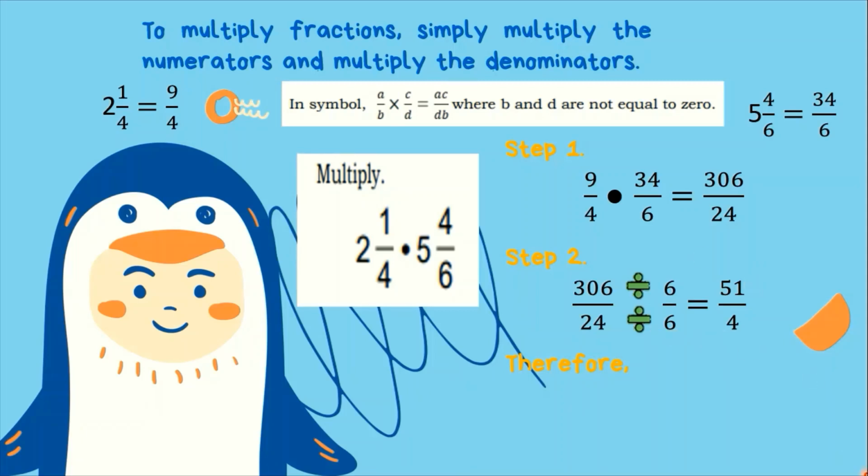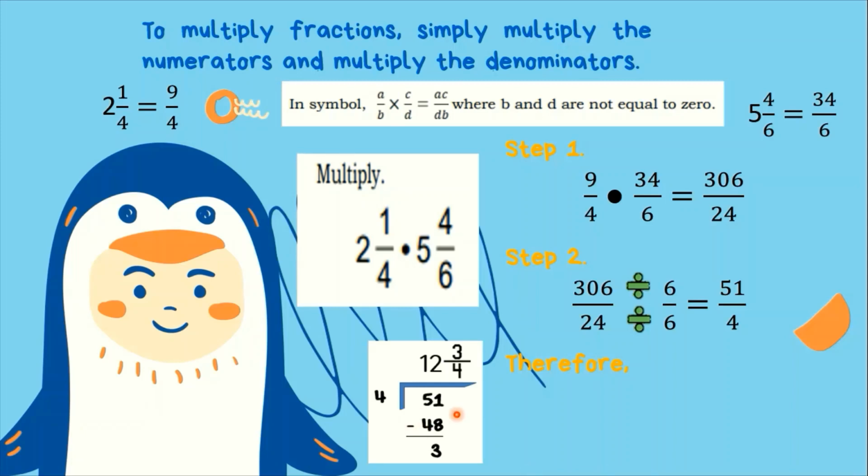51 over 4 is an improper fraction. We need to convert it back to its mixed fraction form dahil ang ating mga given ay mga mixed fractions. To convert an improper fraction into a mixed fraction, we need to use the long division. 51 ay ating ilalagay sa loob dahil siya ay numerator at 4 naman sa labas dahil siya ay denominator. 51 divided by 4 is equal to 12. 12 times 4 is equal to 48.